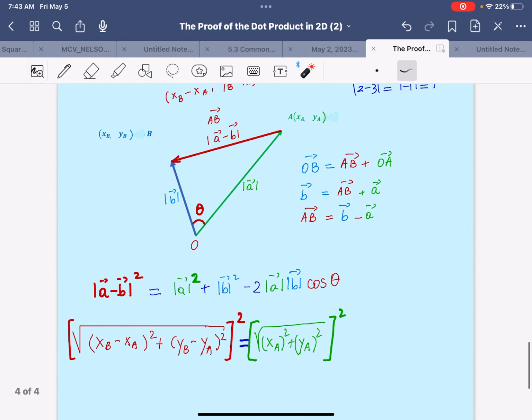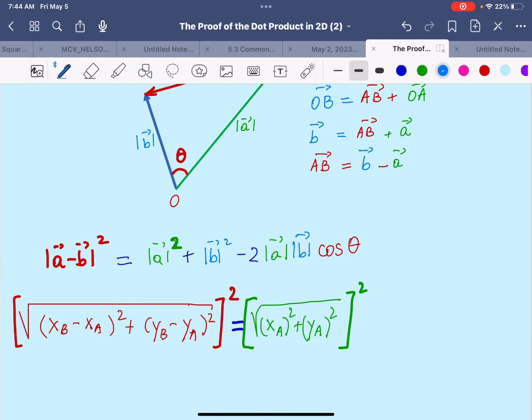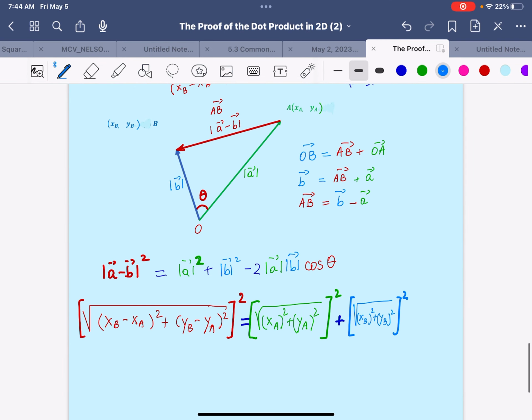So for B, we have coordinates xB, yB, which means that here we have the square root of xB squared plus yB squared, and that brought to the power of 2. And then next we have 2 times the magnitude of A, the magnitude of B, cosine theta.